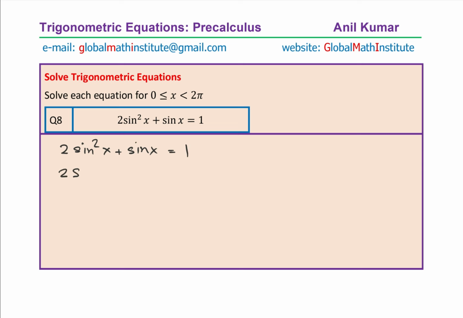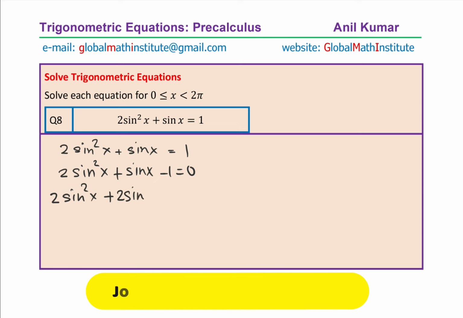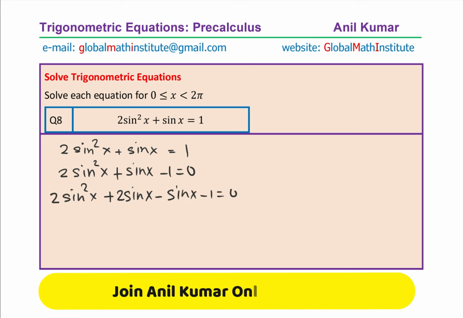Rearrange and factor, correct? So you're looking for sum and product of minus 2, sum of 1, right? So you could write this as 2 sine square x plus 2 sine x minus sine x minus 1 equals 0.